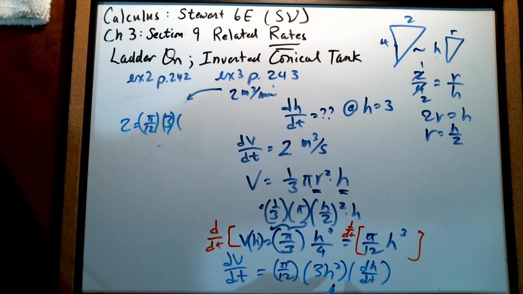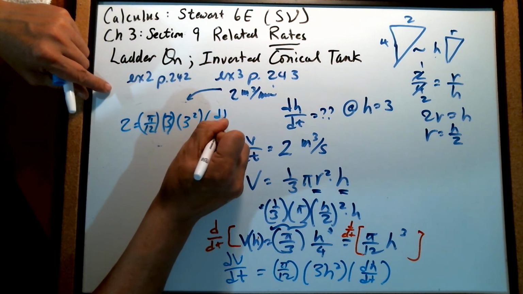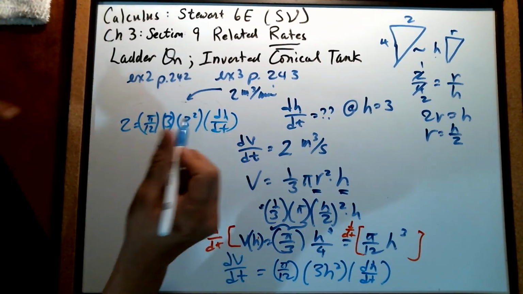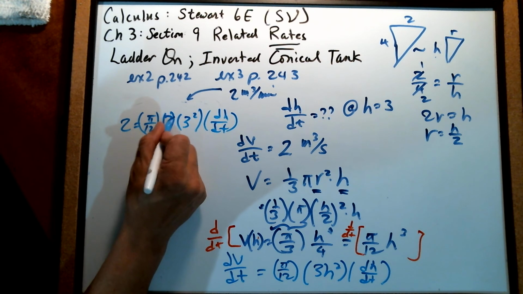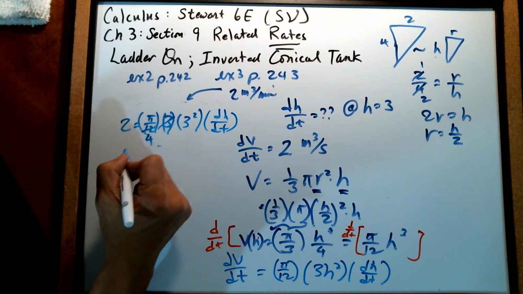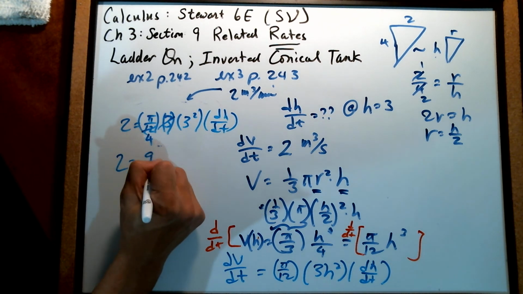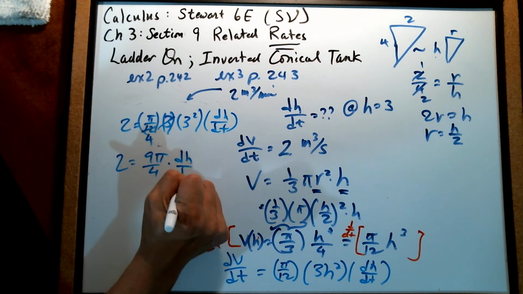So 3 squared times dh/dt. 1 of the 3 is going to cancel with the 12. It's going to be 4. It's going to be 9 over 4. So it's going to be 2 equals 9 pi over 4 times dh/dt.